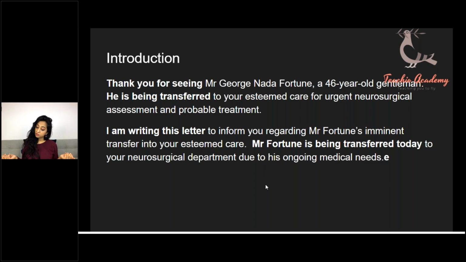So what tense are you going to use? Simple. You're going to use the present tense. Okay. He is being transferred. Now you can modify that depending upon the type of your letter. He is being referred. He is being discharged. Okay. Notice the things which are in bold.